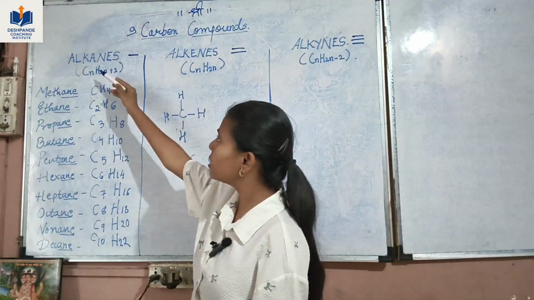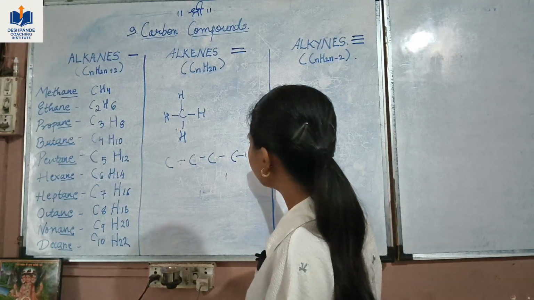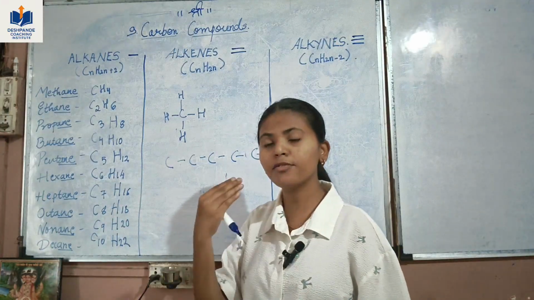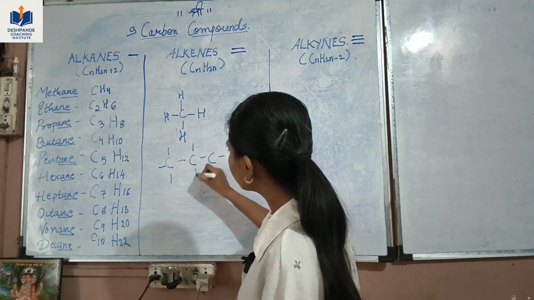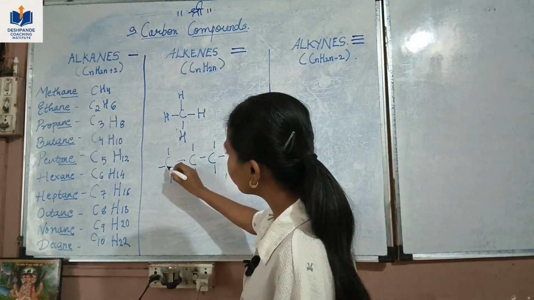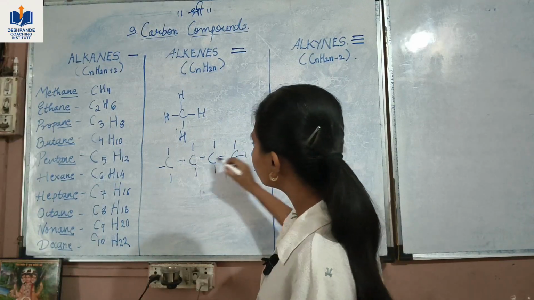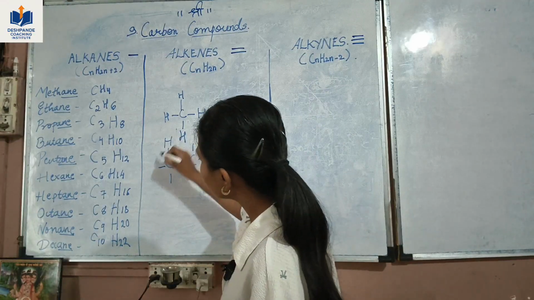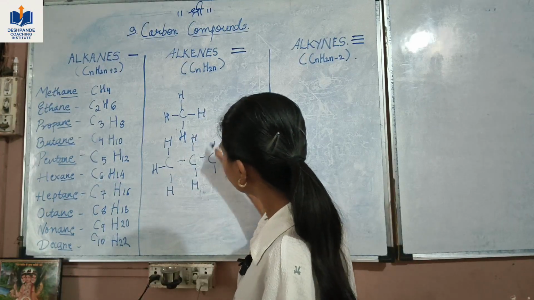Then, as they are alkanes, we will draw single bonds around each. And we know that carbon has 4 bonds because it has 4 electrons in the outer orbit. So 4 bonds with each carbon atom. See, 1, 2, 3, 4 for the first carbon atom, 1, 2, 3, 4 for the second carbon atom. Each carbon should have 4 bonds. Now we'll just write hydrogen after every bond.